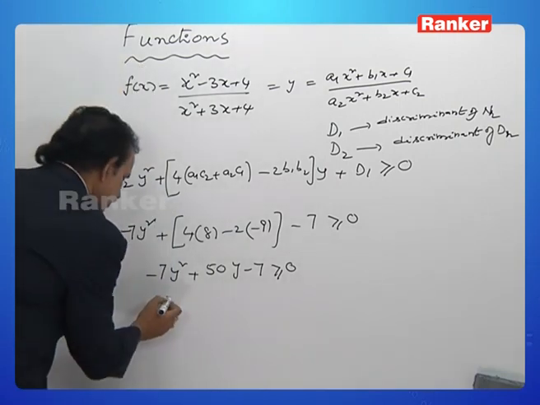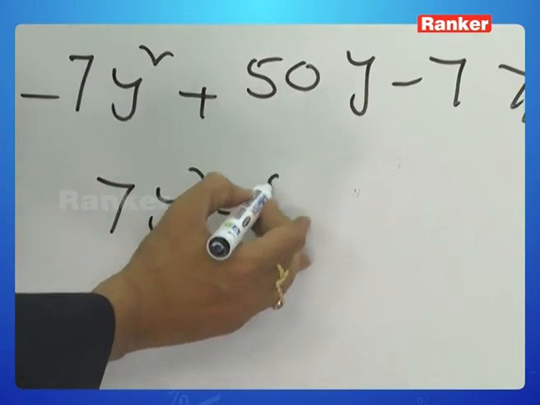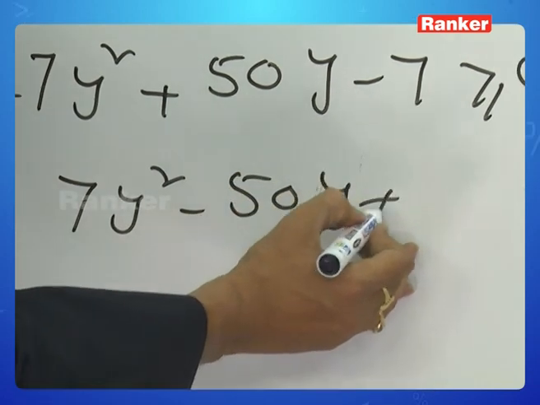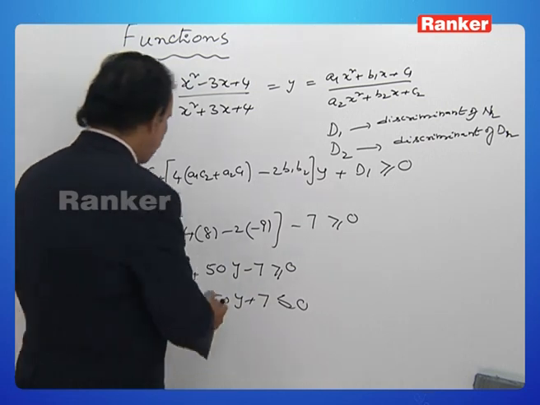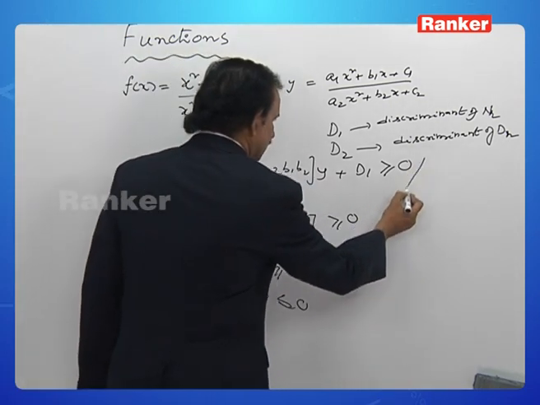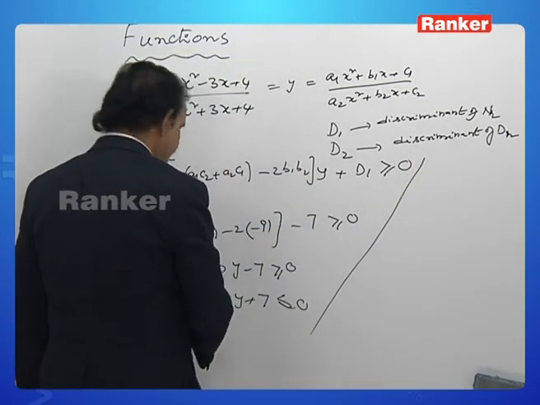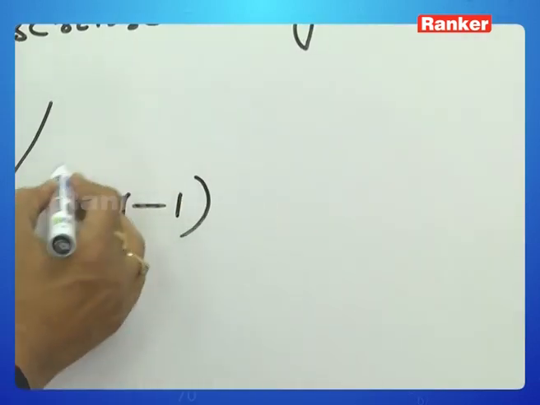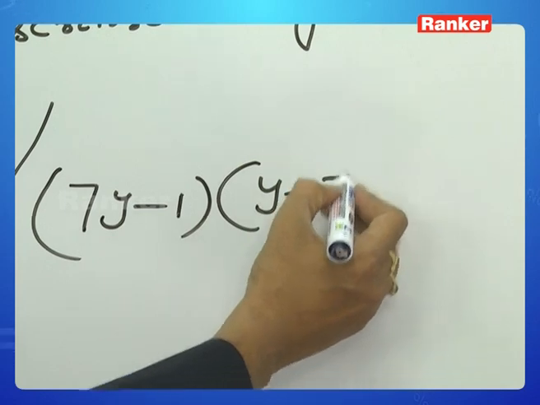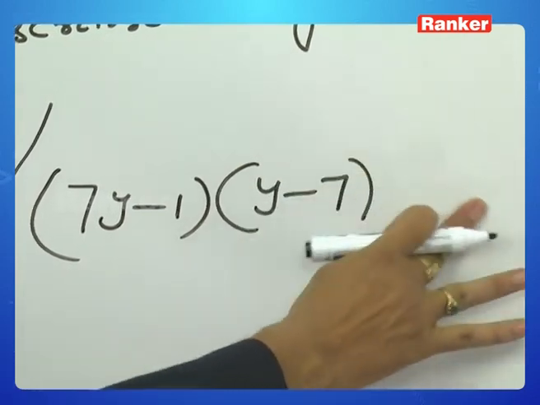So that it is 7y square minus 50y plus 7 less than or equal to 0. And one can easily notice that this can be factorized quickly as 7y minus 1 into y minus 7 less than or equal to 0.